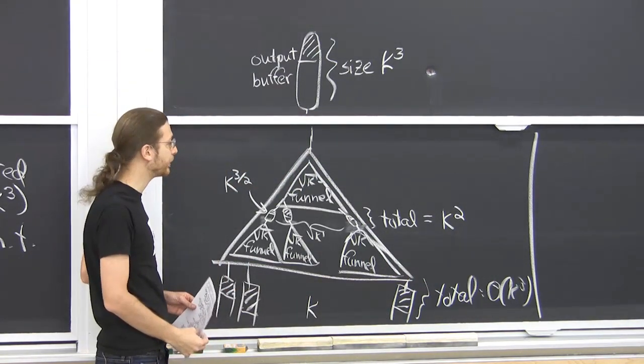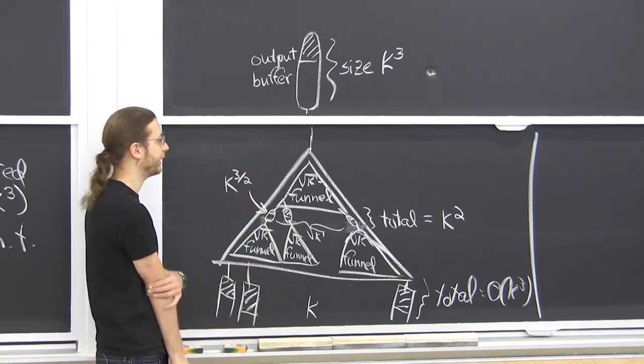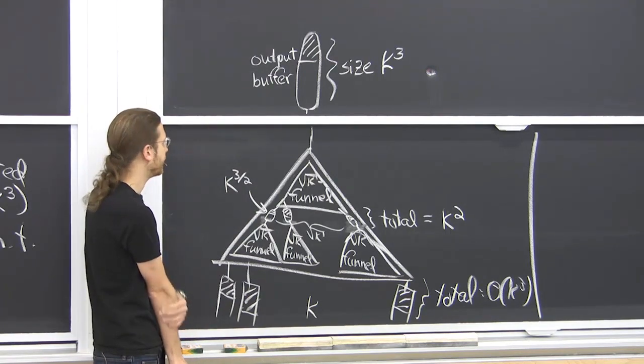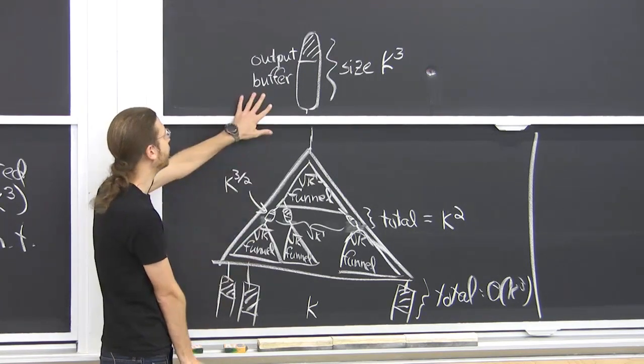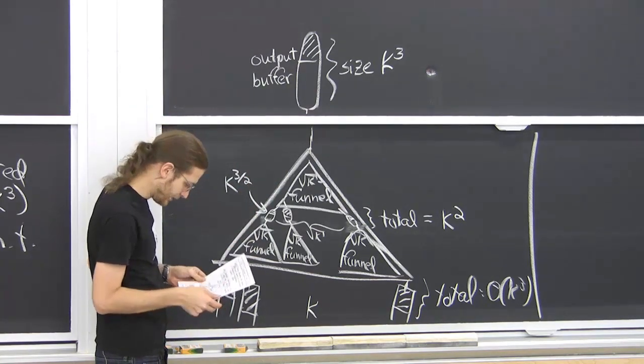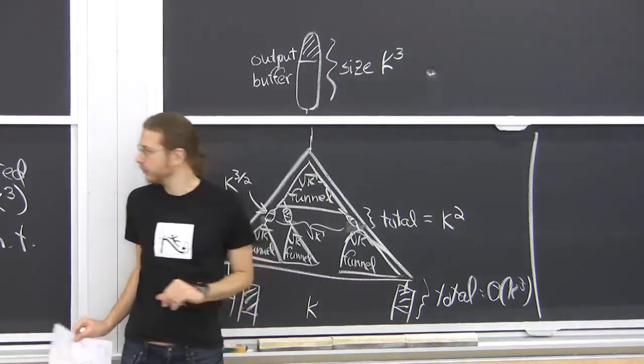I'm not going to go through the recurrence, but if you add up the total size of this thing, it is linear size in the output, k cubed. I think also if you don't count the output buffer, it's linear in k squared, if I recall correctly. We're not too concerned with that here, just overall.